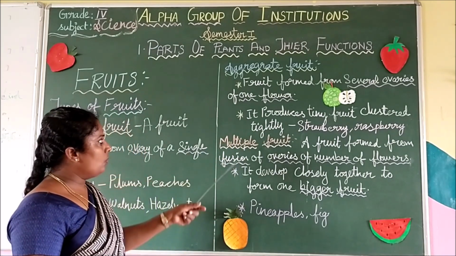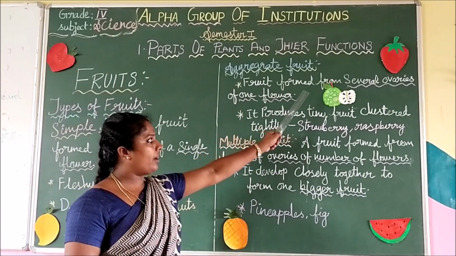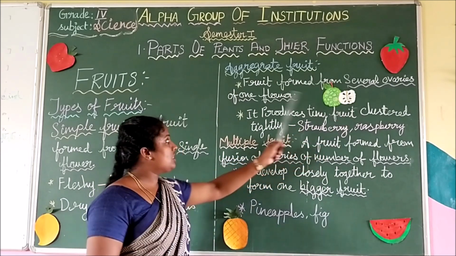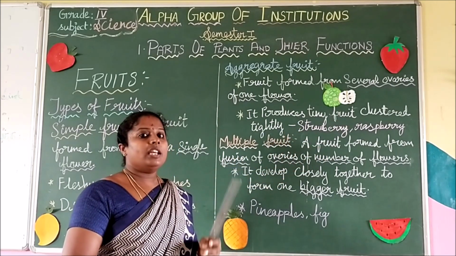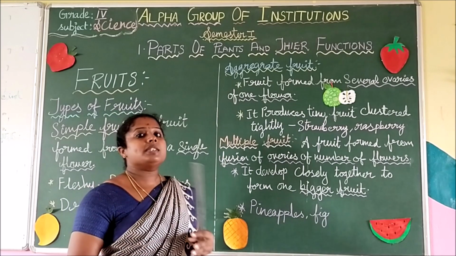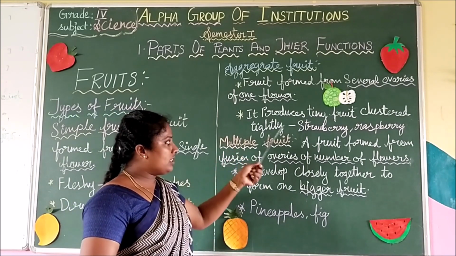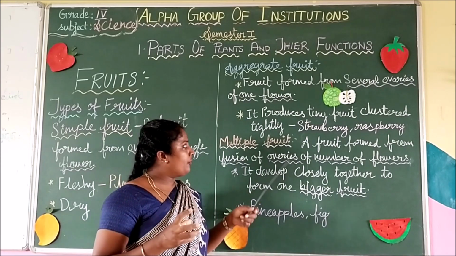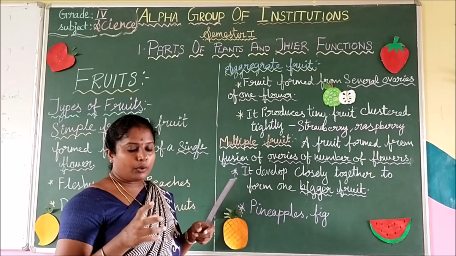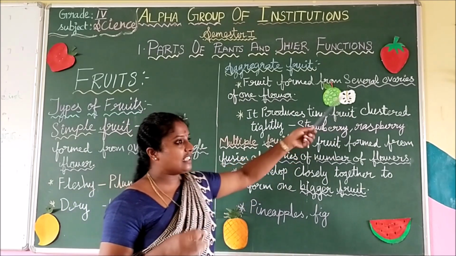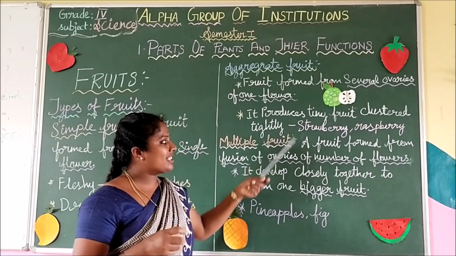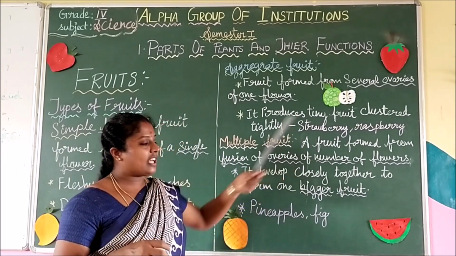Aggregate fruit is a fruit formed from several ovaries of one flower. It produces tiny fruits clustered tightly. Examples: strawberry, raspberry.